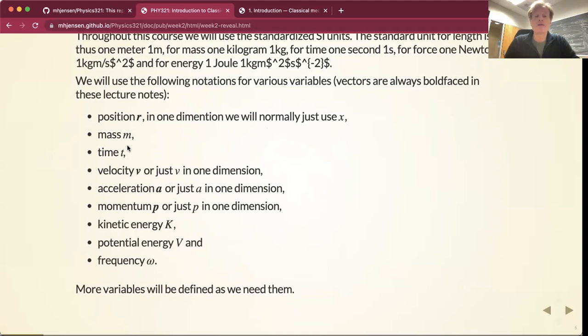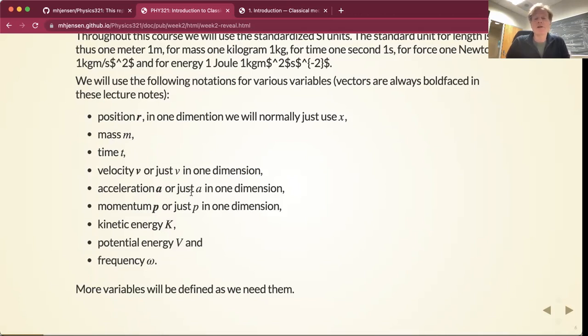We will reserve the letter m for mass, t for time. These are the basic quantities, and then we can always put them together into velocity, which is given by position divided by time. So the dimension of velocity is position over time. Acceleration, a.